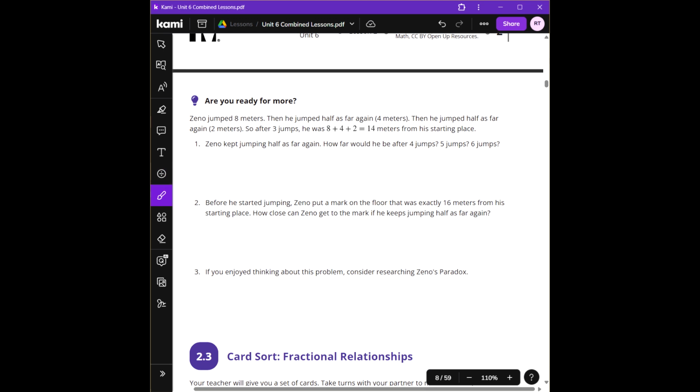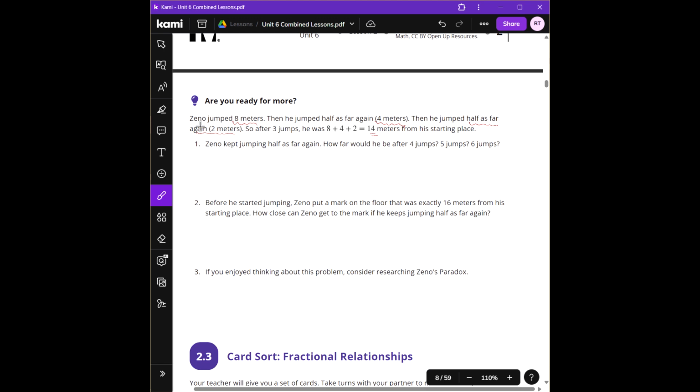Next one, we have, are you ready for more? Okay, so Zeno jumped 8 meters. Then he jumped half as far again. Then he jumped half as far again. So after 3 jumps, he was 8 plus 4 plus 2 equals 14 meters from his starting place.